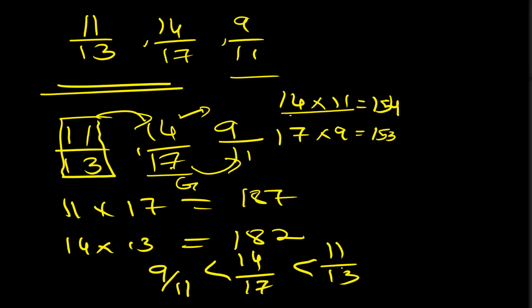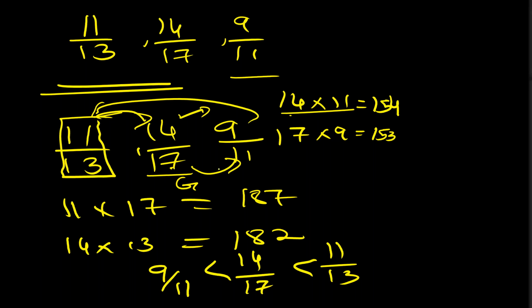Sir, if 9 by 11 was greater than 14 by 17, then what should we do? Okay, no problem, then you can compare them once again and find out which of these two is the greatest number.